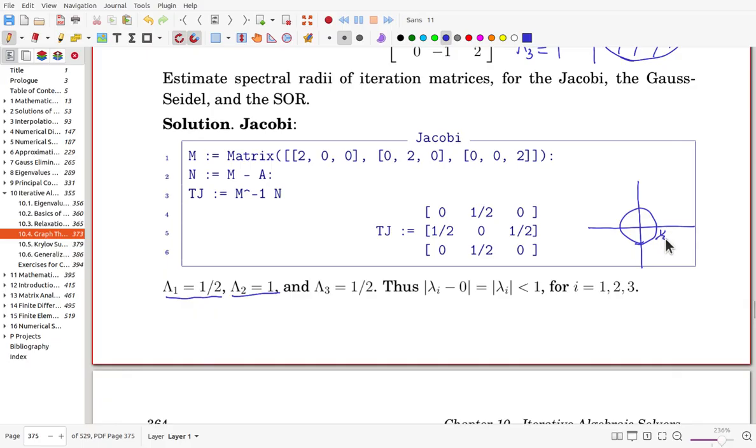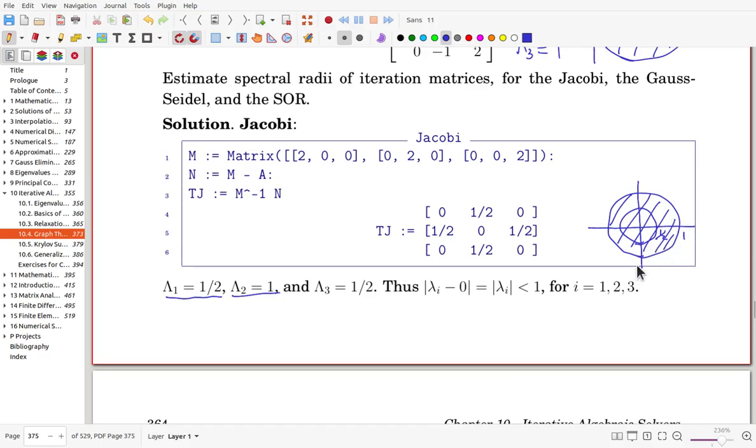From the second one, again, center 0 and radius 1. We have that, right? And the third one, center 0, radius half, the same. Now, for these three disks, the union must be this disk.